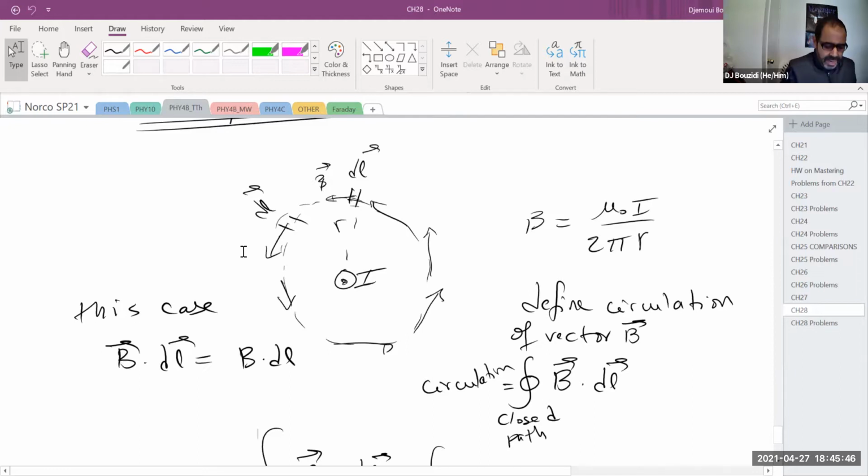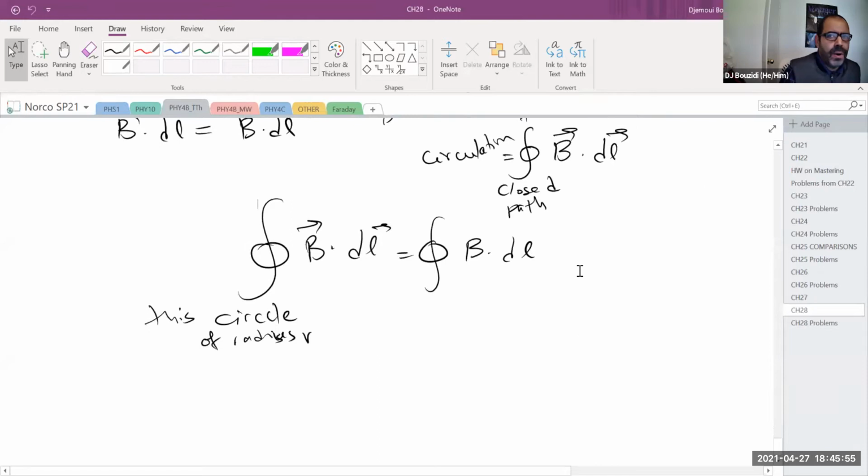It's given by the right-hand rule, with the palm circulating around the current. So on the circle, as long as R does not change, the magnetic field is fixed.